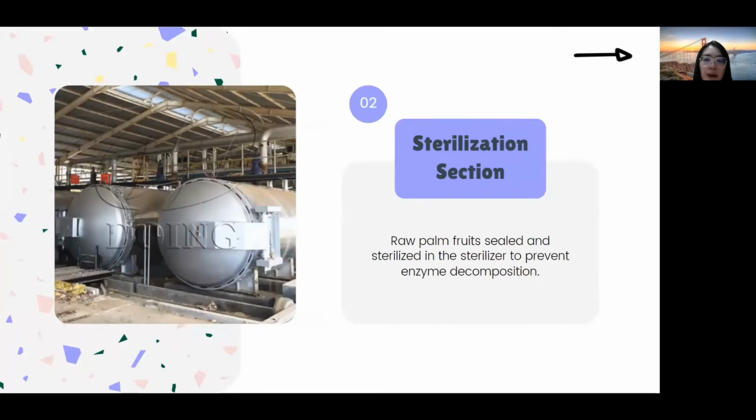Next, the raw palm fruit will enter the sterilization section, and it will be sealed and sterilized in the sterilizer in order to prevent enzyme decomposition.